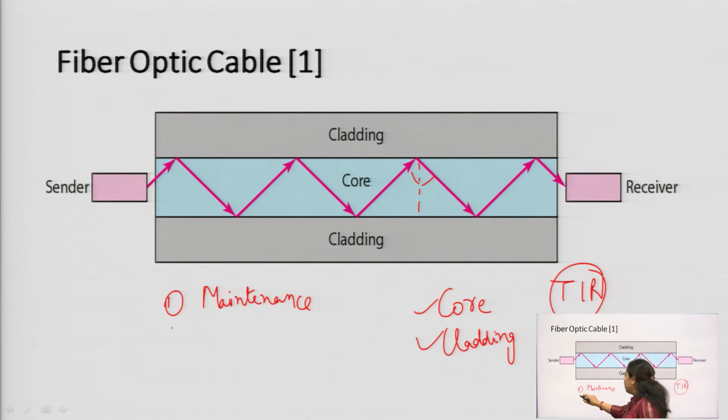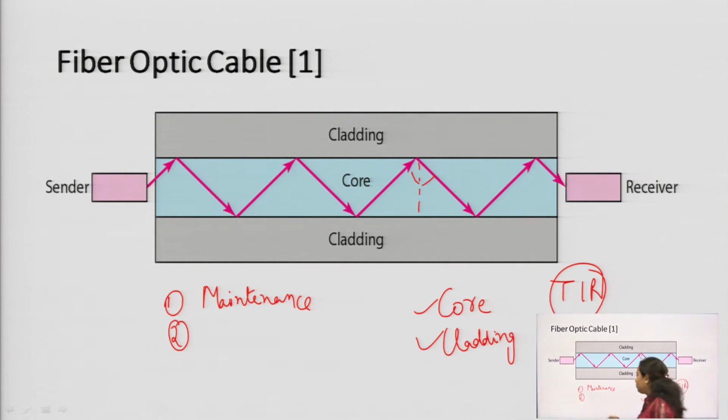Secondly, the cutting of this fiber optic cable, that is known as splicing, has to be done with great accuracy. So, that requires the main consideration for the purpose of this fiber optic cable.